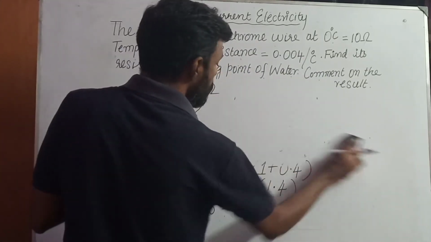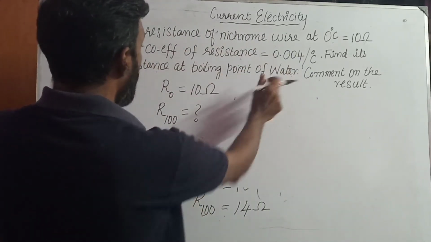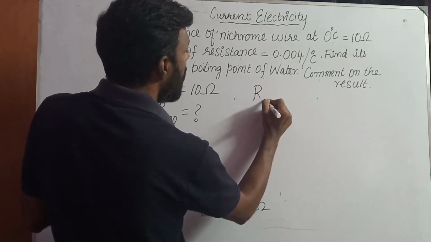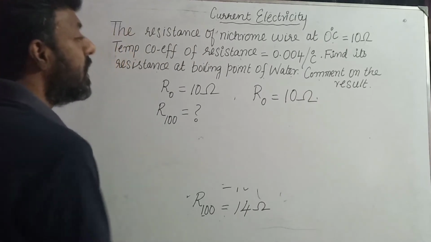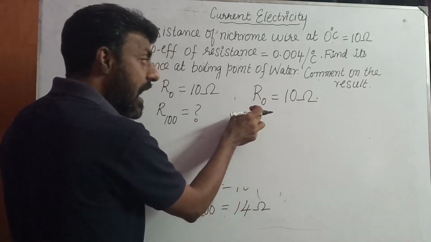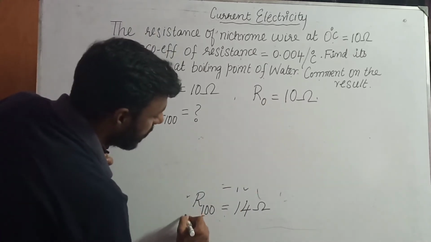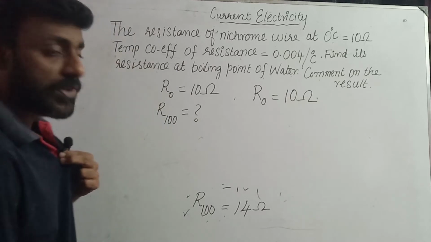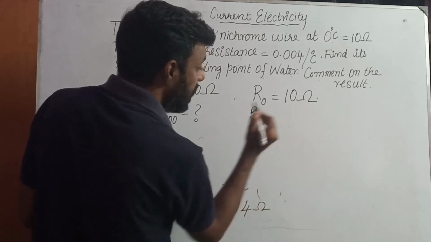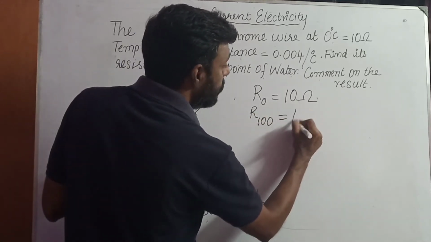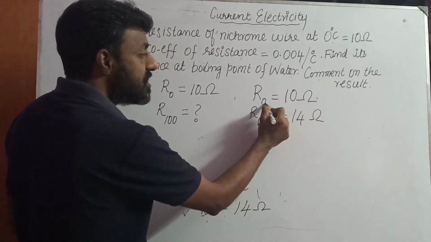In the problem, R0 equal to 10 ohms, which means the resistance at 0 degrees Celsius is 10 ohms.